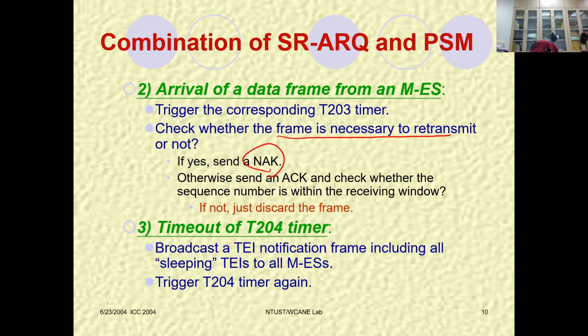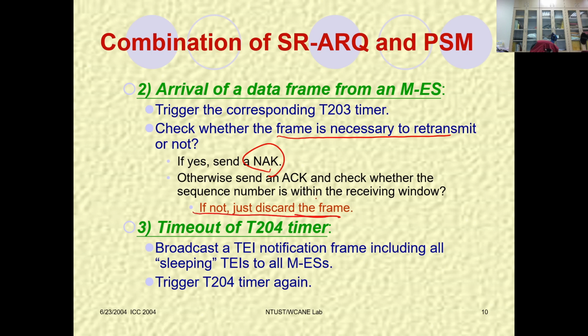Otherwise, we check whether the sequence number is within the receiver window. Why? Because we need to send the frame within the window. If not, then we need to discard the frame.